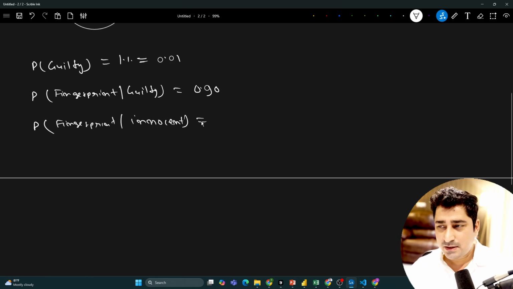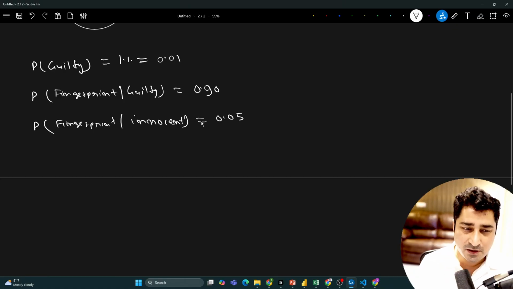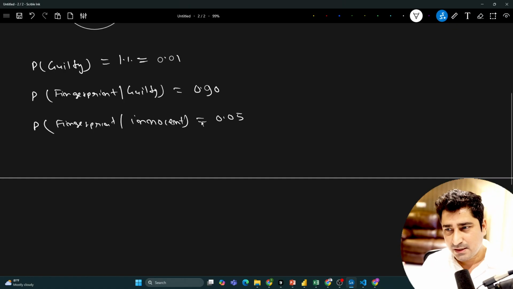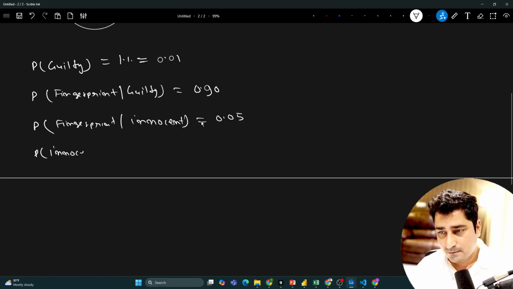Fine, this is 0.5%, a kind of false positive, where I'm able to find the evidence, but still the person is innocent, not guilty. And guilty is 0.01%. So obviously the chance of a person being innocent is 99%.